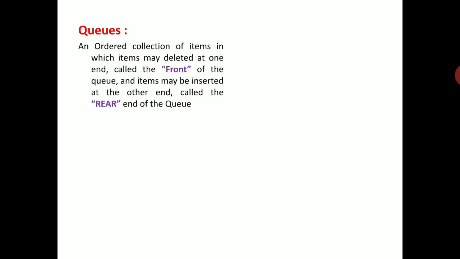An ordered collection of items in which items may be deleted at one end, called the front of the queue, and items may be inserted at the other end, called the rear end of the queue.